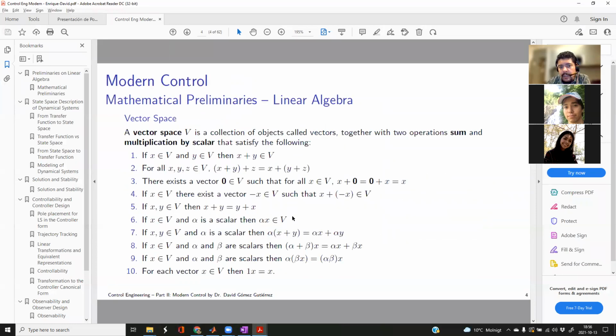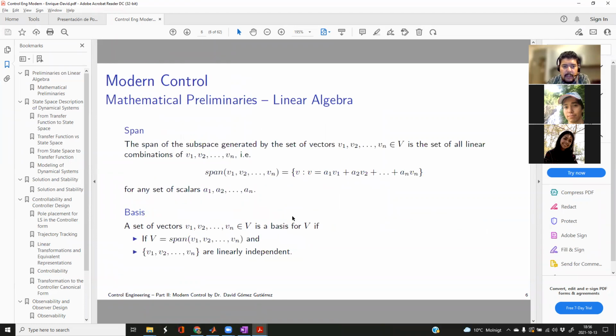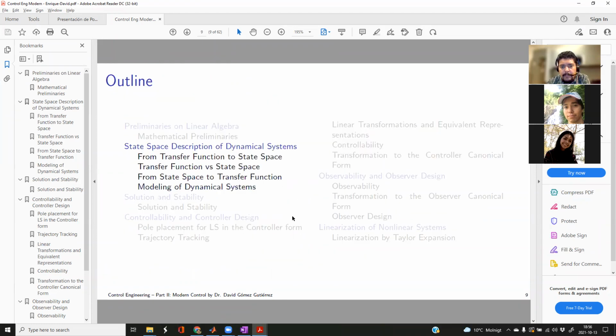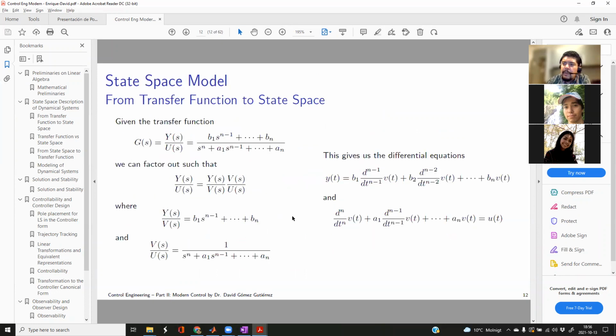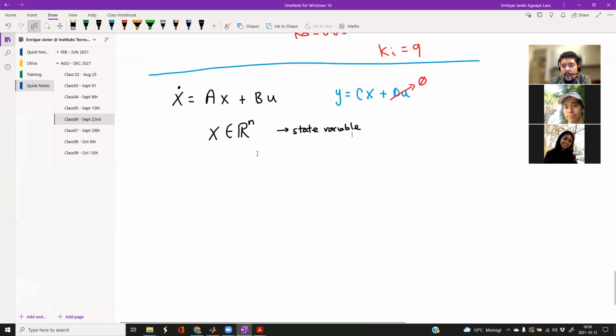So you have preliminaries on linear algebra, some basic concepts about the vector space, what is a linear combination, and so on. Everything is in here already, and I will try to explain it in an easier way here.